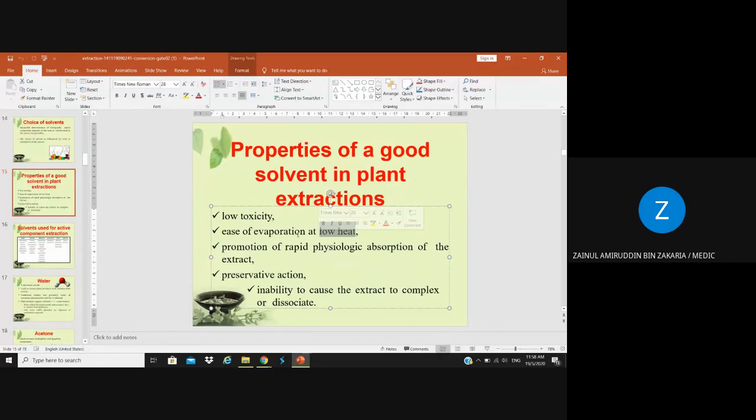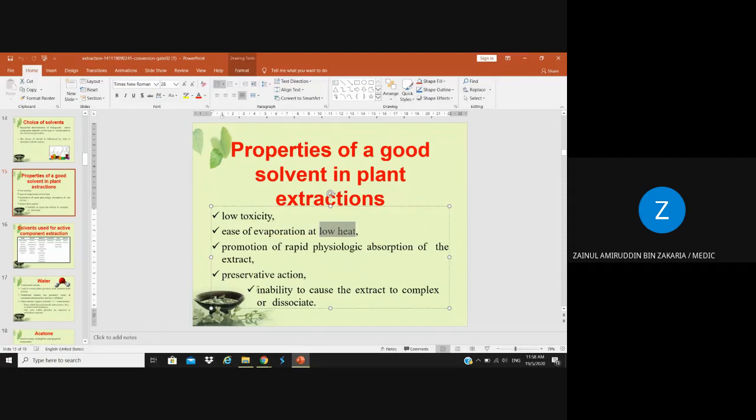Then promotion of rapid physiologic absorption of the extract. It can promote rapid absorption, meaning the extraction of the bioactive compound out of the plant sample can be done rapidly. It has a preservative action. It can preserve the bioactive compounds that have been isolated so that they are not destroyed.